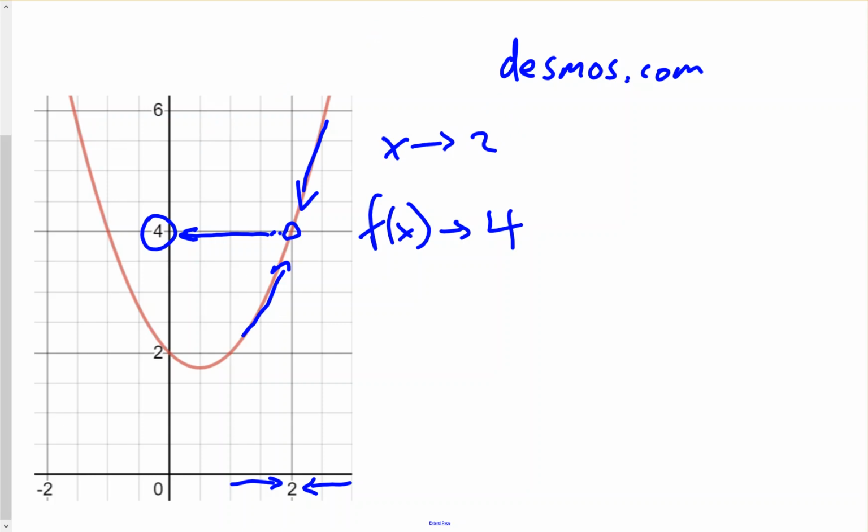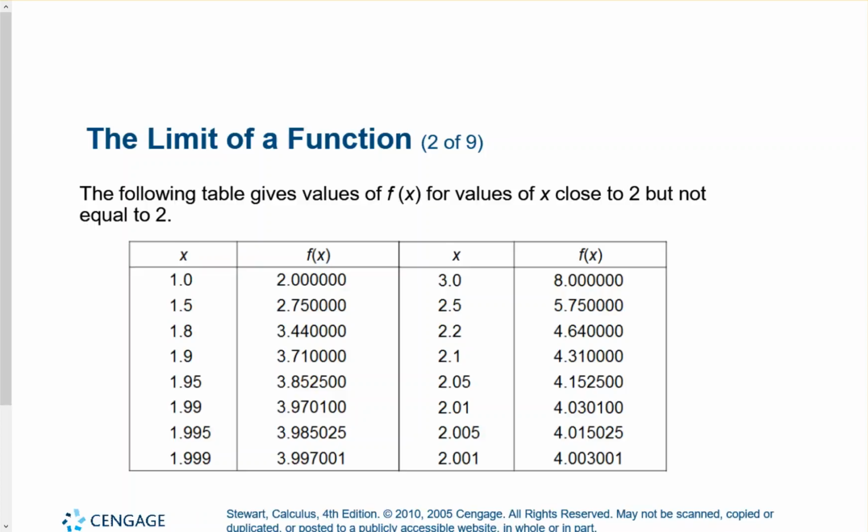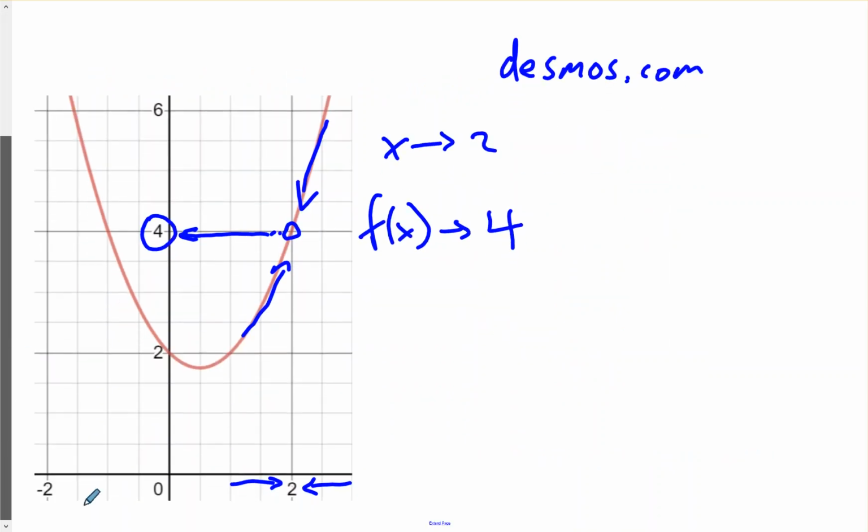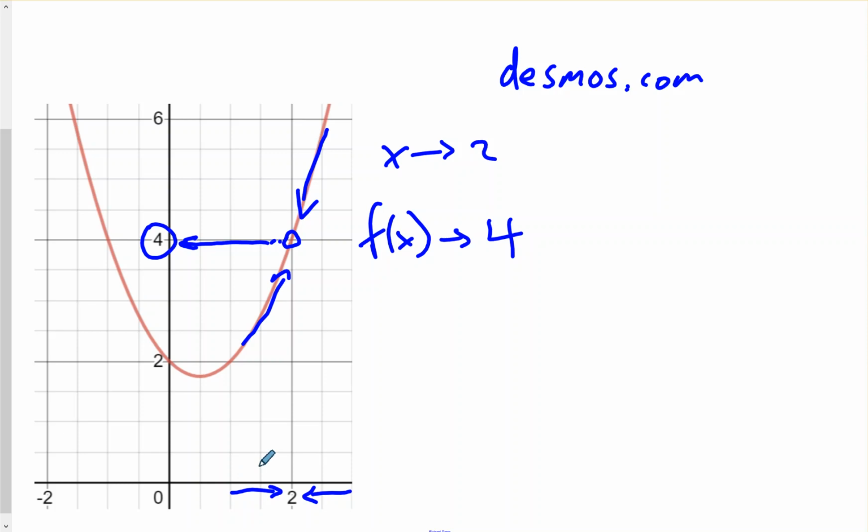Now, when we go to look at this in a table setting, the table will look like this. We'll pick values to the left of 2, approaching it from the left. Any values like 0, 1, and then getting closer to 2: 1.5, 1.7, 1.8, 1.9, 1.99, closer and closer to 2.